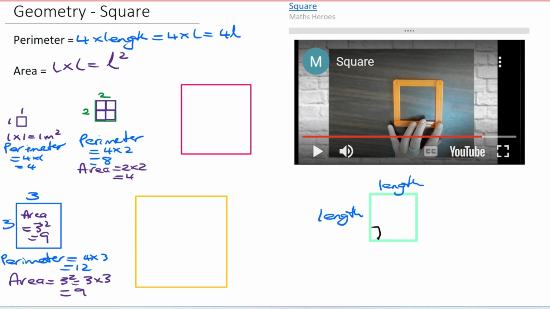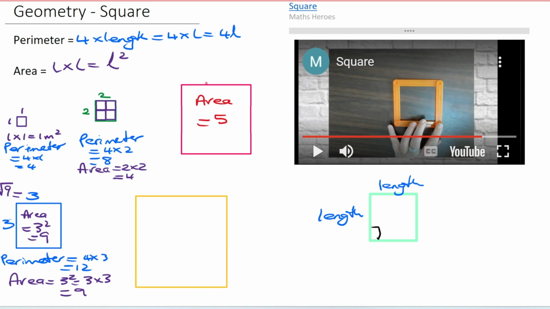So to get the side length, if I'm given the area, I unsquare it, and unsquaring is taking the square root. So the square root of 9 is 3. That's what gives me that side length. If I had an area equal to 5, what I'm saying is, well, how do I work out that side length?